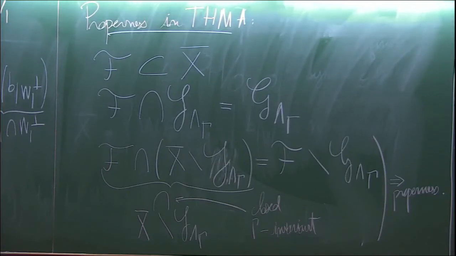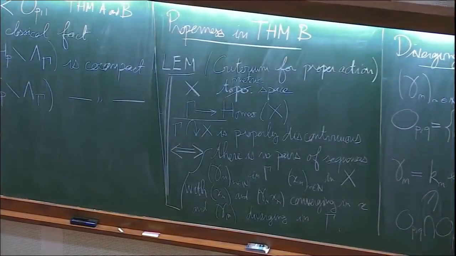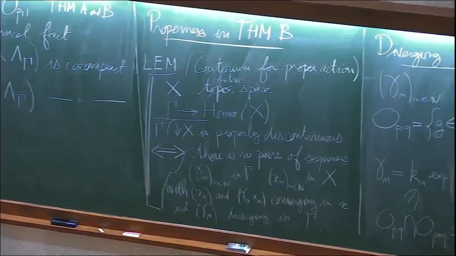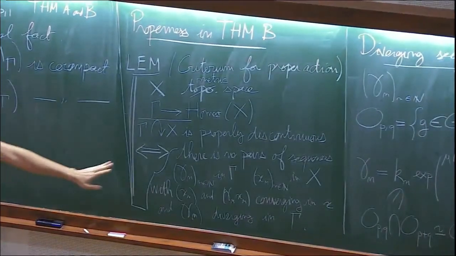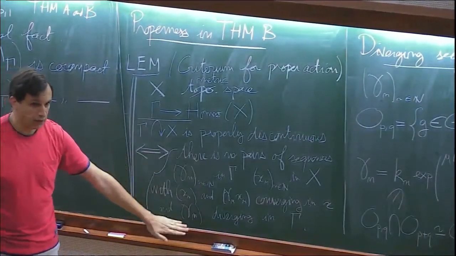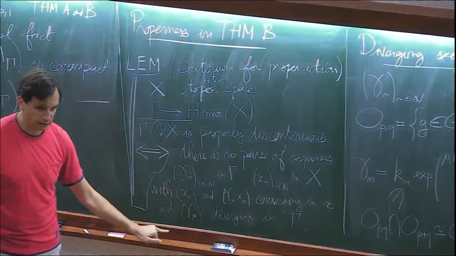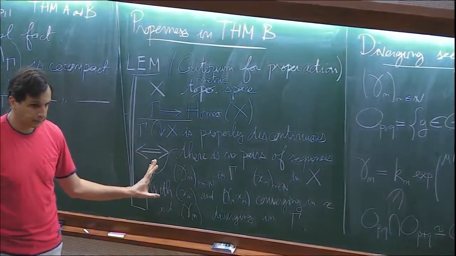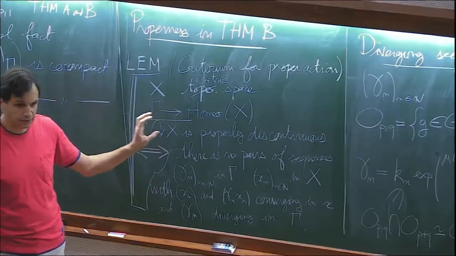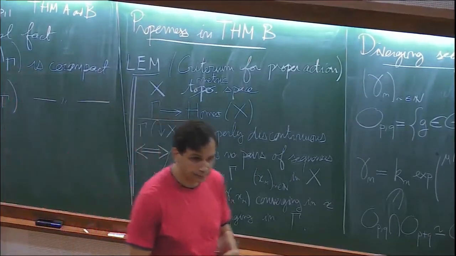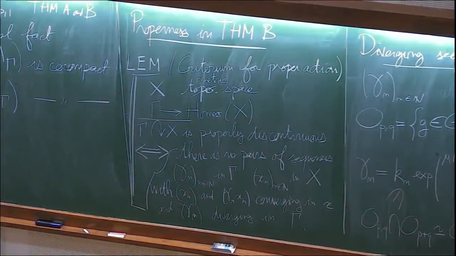So every limit of this sequence does not converge in this space, but converges to something that is out of this space. So it means that I don't have any pairs of sequences that satisfy everything here. And this precisely implies properness. Okay. Good.